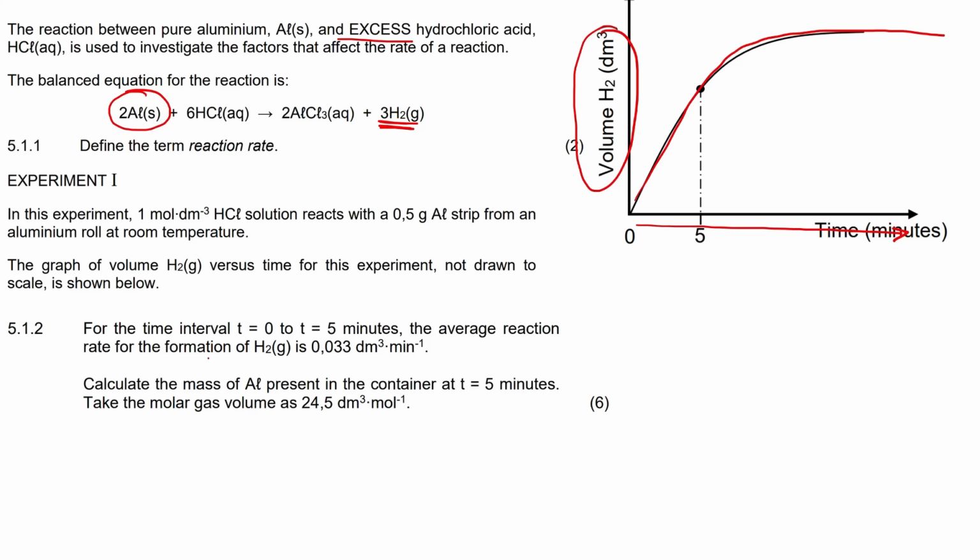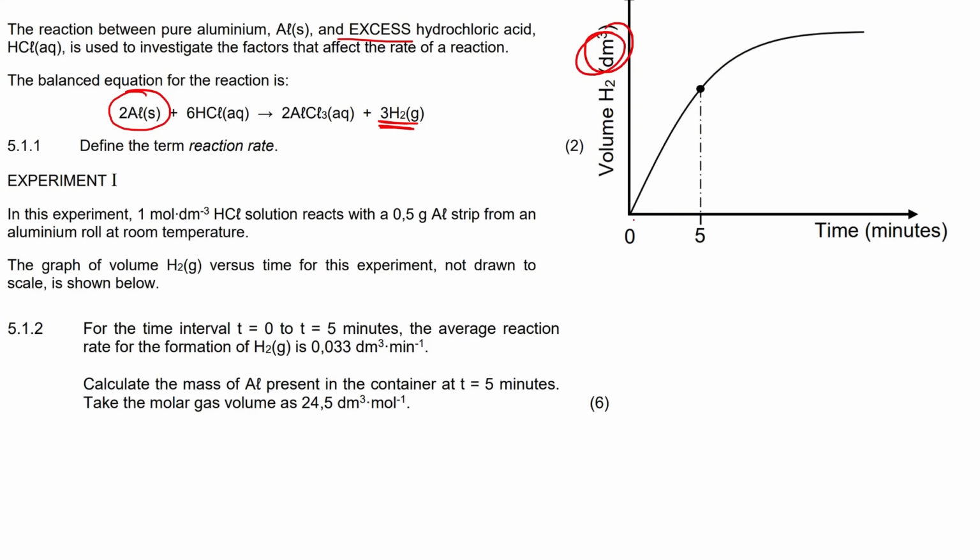So they say for the time interval from t equals 0 to t equals 5, so just this little area over here, the average rate of the formation of hydrogen gas is 0.033, now check this carefully, 0.033 decimeters cubed per minute.